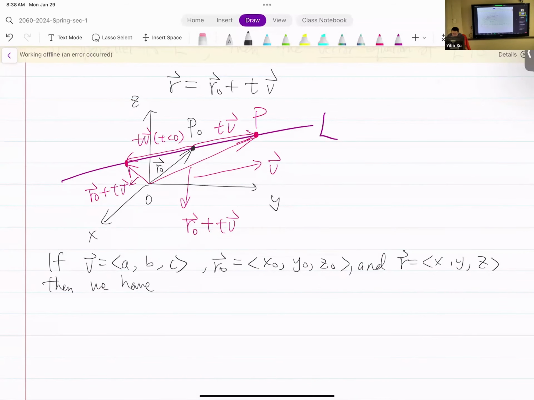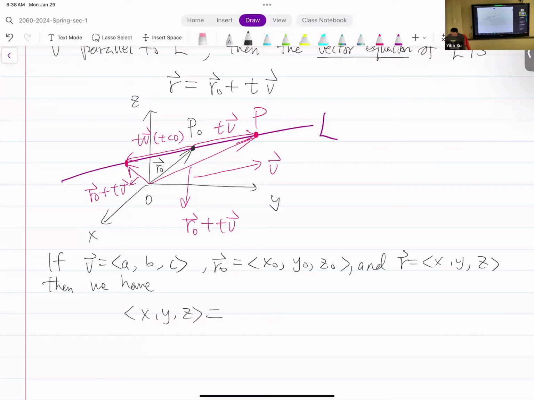The top equation is in the vector form. We just rewrite. So x, y, z is replacing the vector r, x0, y0, z0 is replacing r0. Now t is just a scalar, which is a parameter, but v is now ABC, a vector of three constant components.